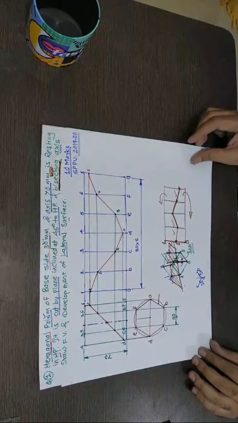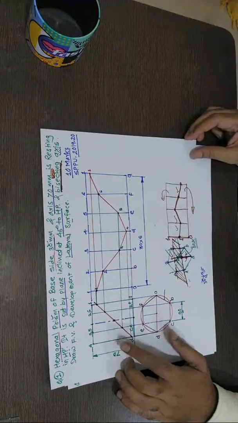So this is the hexagonal prism development. I have drawn the hexagonal prism first and its development.